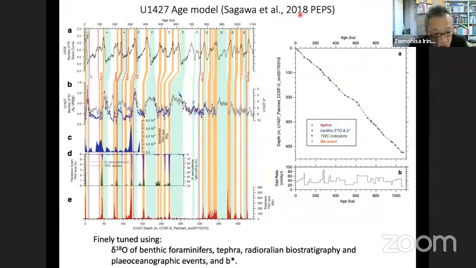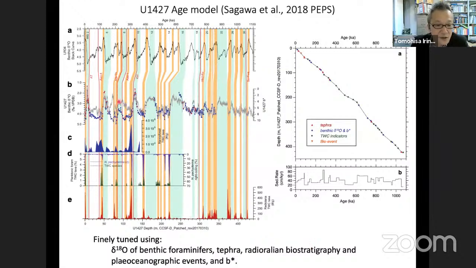Sangawa et al. 2018 established the finely tuned age model down to 1.07 Ma, utilizing the benthic foraminifera oxygen isotope with the subtropical radiolarian fauna as an integration proxy, and some widely distributed tephras to correlate with.